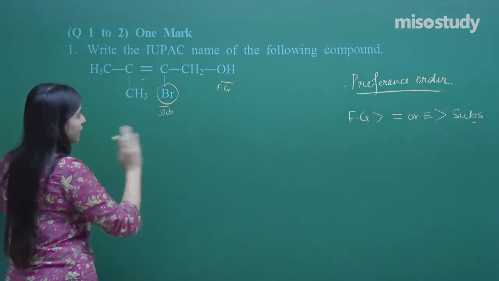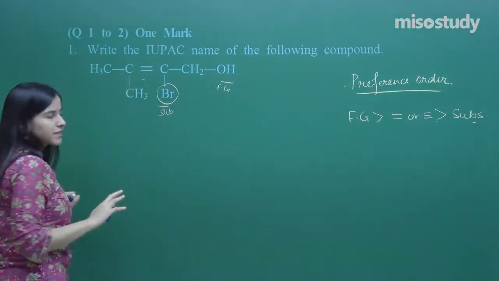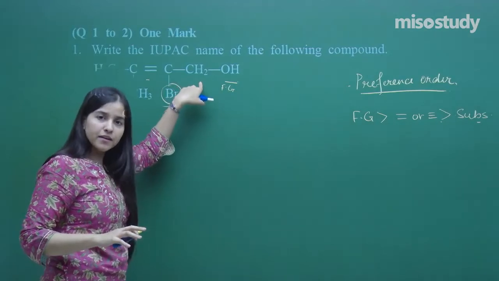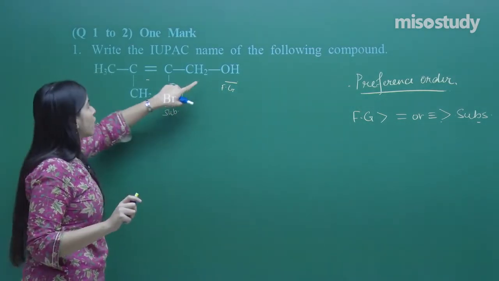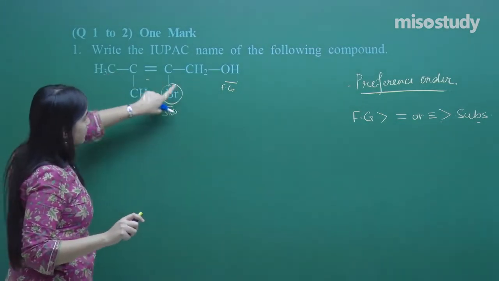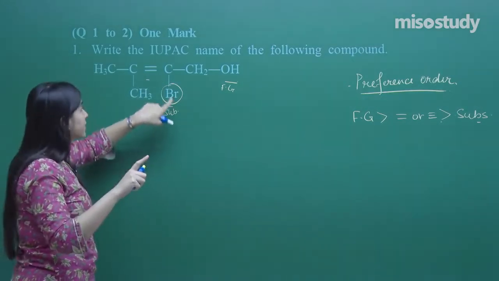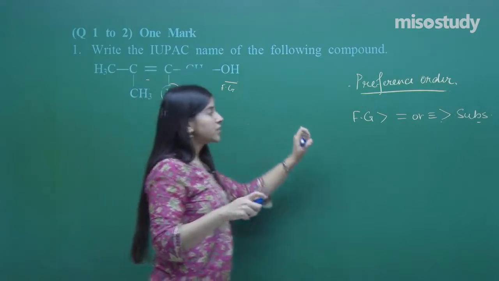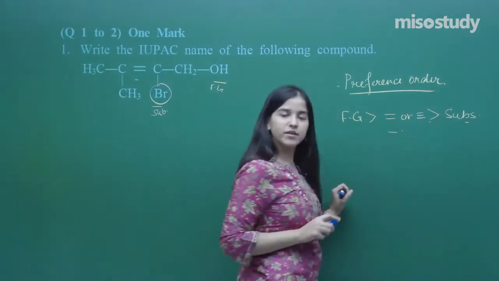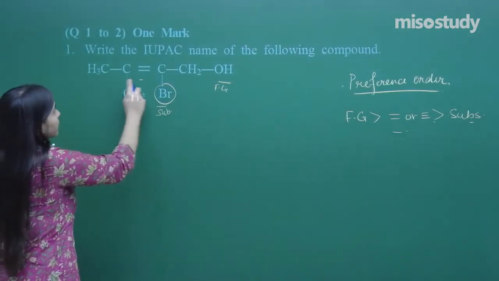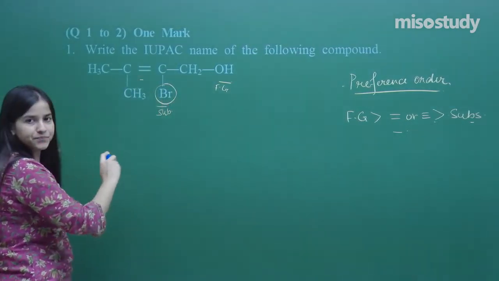double bond. If I try to number it from this side, right, if I prefer the functional group, numbering this carbon 1, what will happen is the second priority will come for the substituent, but it would have been the double bond to which I should give the priority, right? But if I number from this side, what will happen?